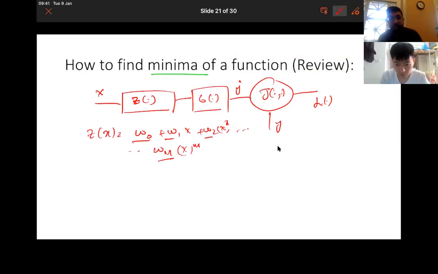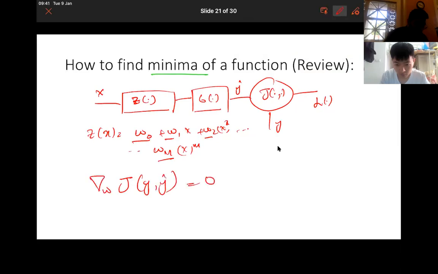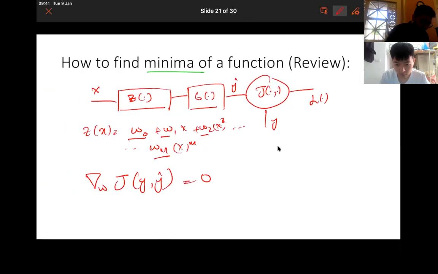We use the same setup that we did for linear regression: we try to find the derivative, or gradient, of the loss function with respect to the weights, and set it equal to 0. So basically what we need to do is take this, find its gradient with respect to w, and set it equal to 0. So let's do it for a small toy problem.